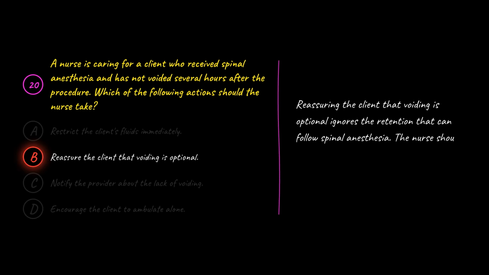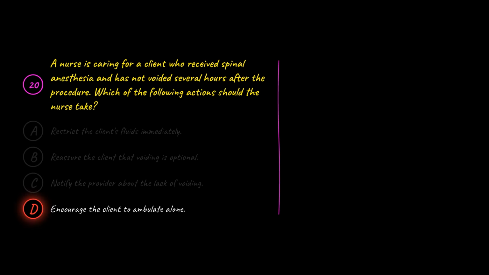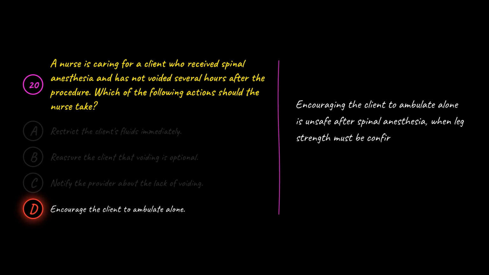The nurse should report the lack of voiding to the provider rather than treat it as an acceptable finding for the client. D is wrong because encouraging the client to ambulate alone is unsafe after spinal anesthesia, when leg strength must be confirmed first. The safer step is to report the client's inability to void so the provider can intervene.